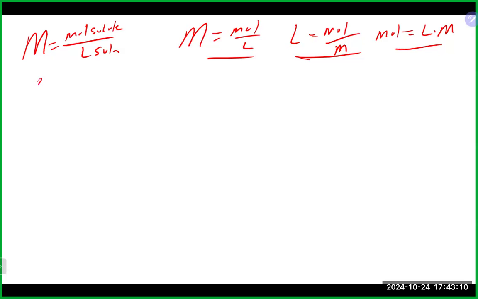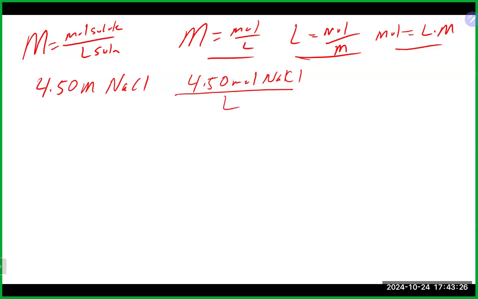When you have a solution that is 4.50 molar, say, sodium chloride, what that means is you have 4.50 moles of sodium chloride per liter. And again, I would highly recommend, like I talked about last time, if you're doing a calculation that involves molarity, take out the big M and replace it with moles per liter.